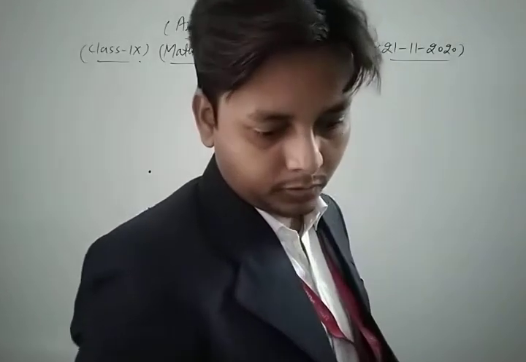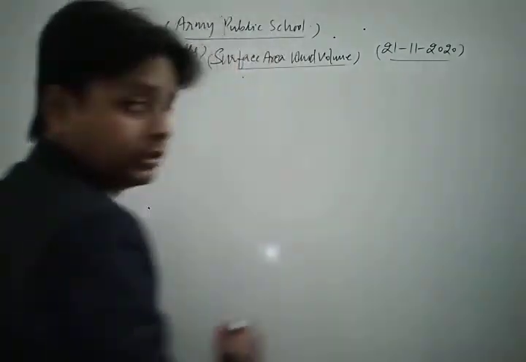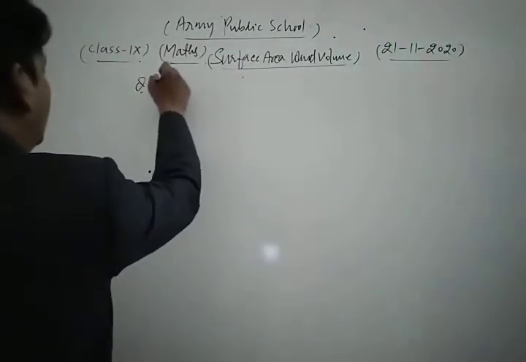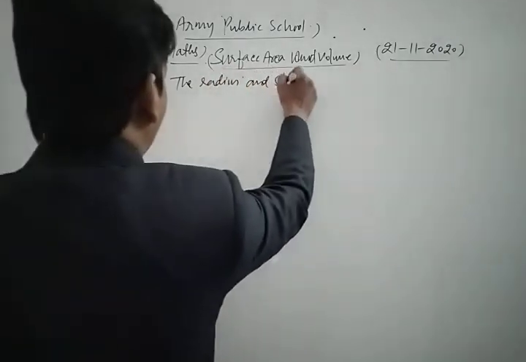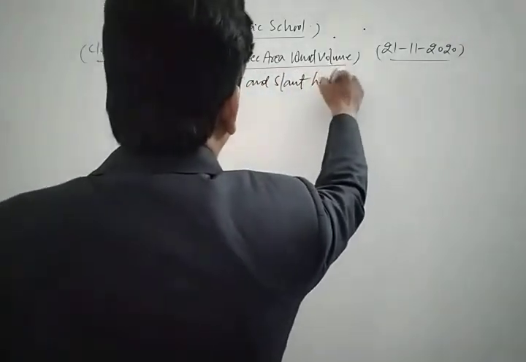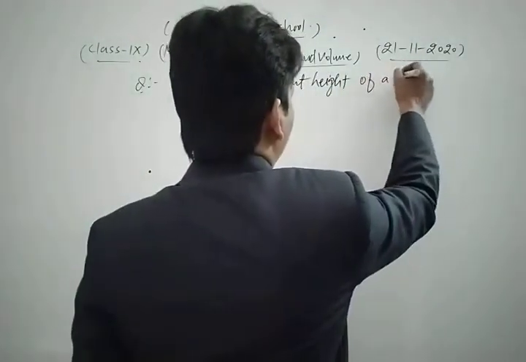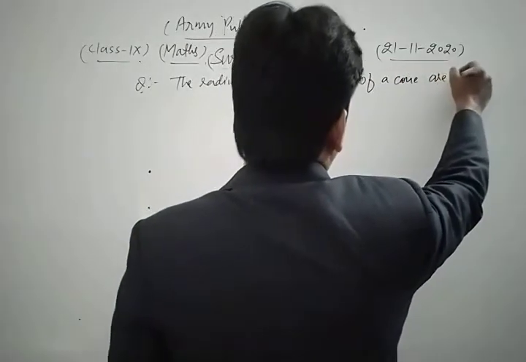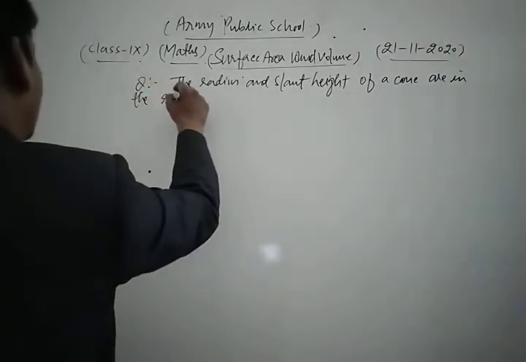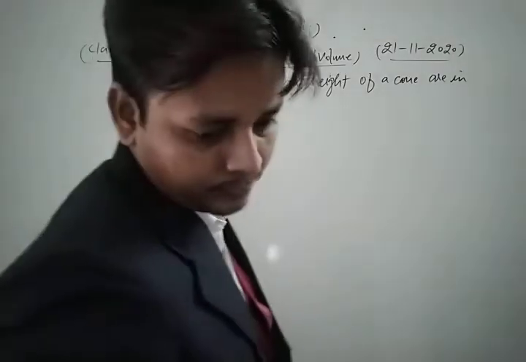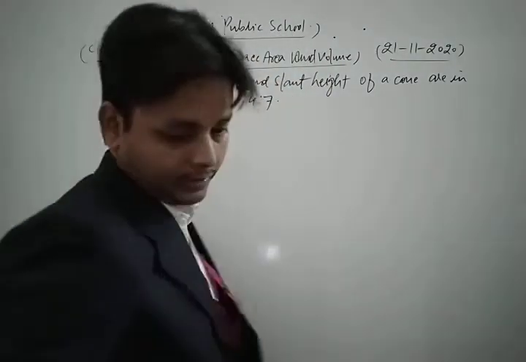Let's see. The question is: the radius and slant height of a cone are in the ratio 4:7.